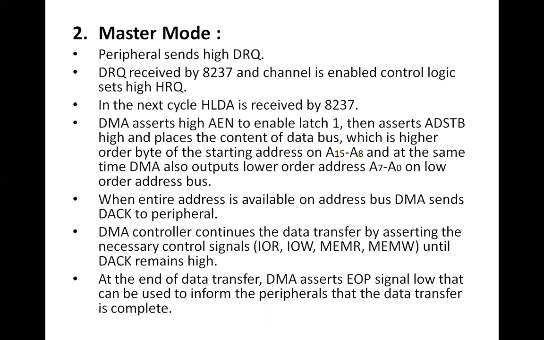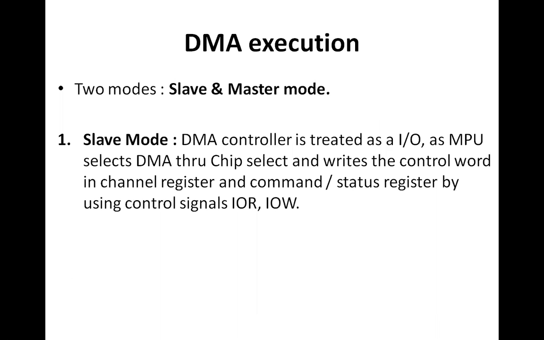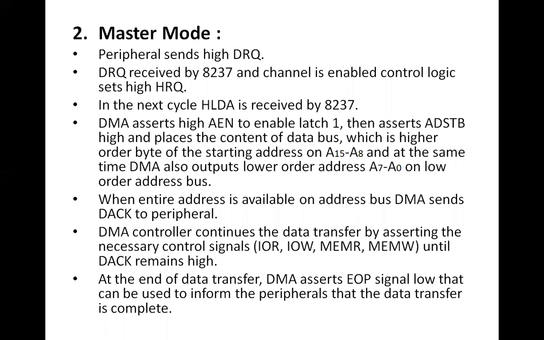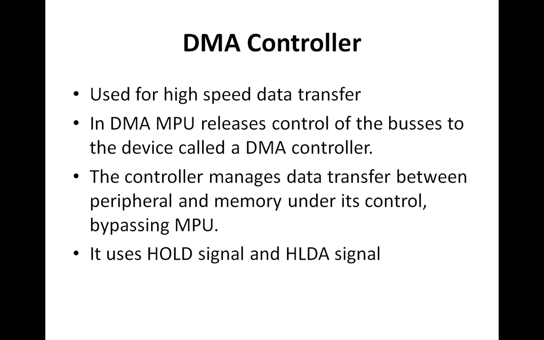So that is the total functioning of the DMA execution, either in the slave mode or in the master mode. Now I am going to give some more idea of the DMA controller. As we know, it is used for high speed data transfer, and in case of DMA, the microprocessor is going to release the control of the buses to the device which is known as the DMA controller.